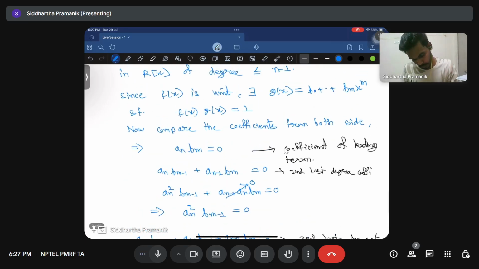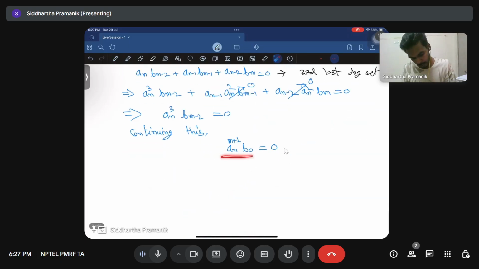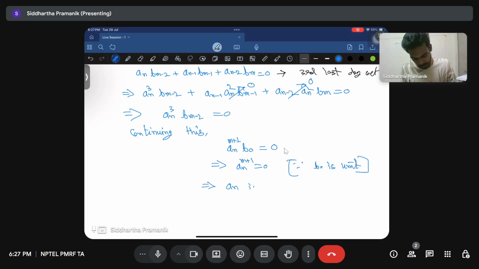Now note that this product is 1. So this will imply a0 b0 is 1. So that means b0 is a unit. So here we will use that fact. So that will imply an power m plus 1 is 0, since b0 is a unit. So this implies an is nilpotent.